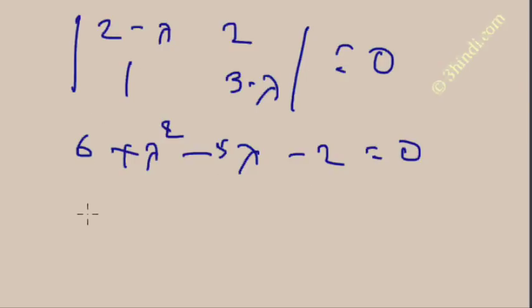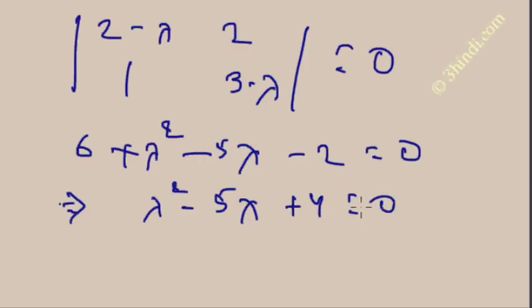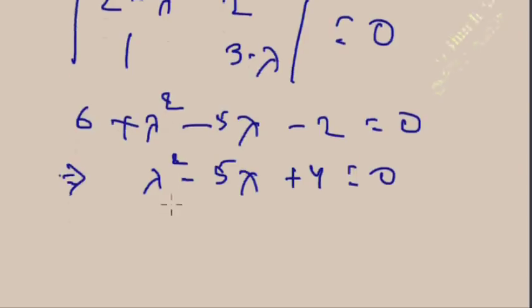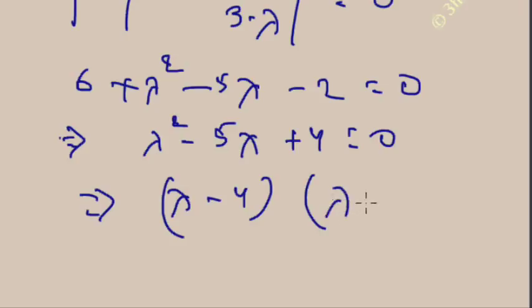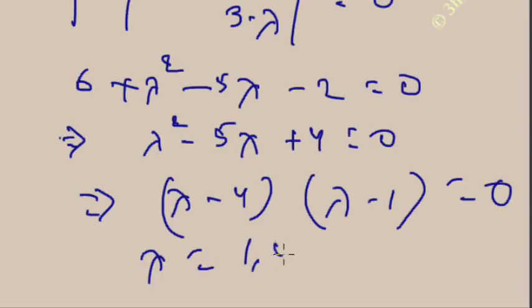Solving this, lambda squared minus 5 lambda plus 4 is equal to 0. Minus 5 lambda can be written as minus 4 lambda minus 1 lambda. So it gives lambda minus 4 into lambda minus 1 is equal to 0. So lambda can be 1 or 4.